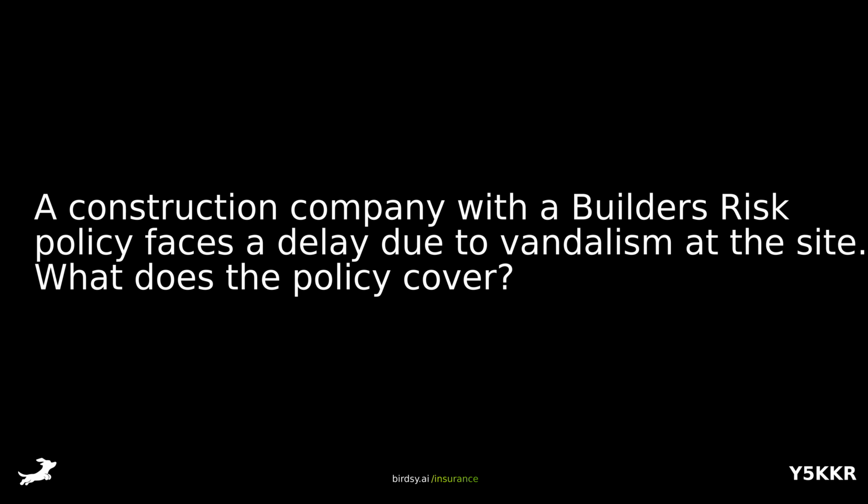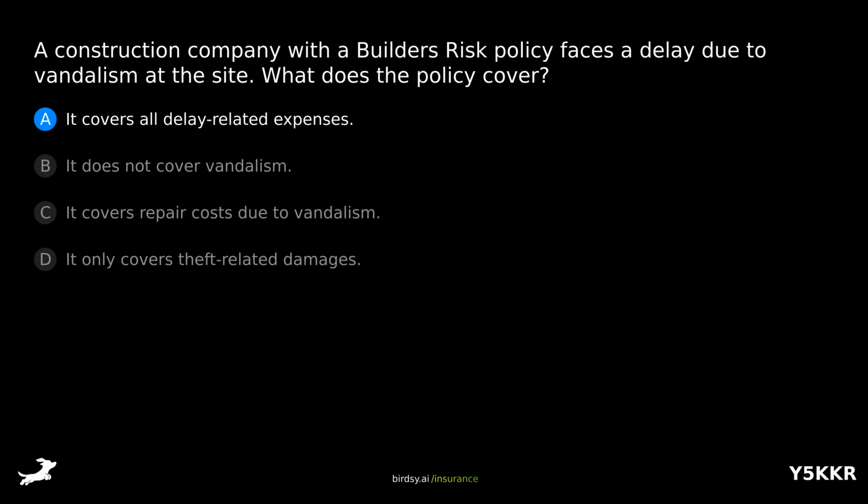A construction company with a builder's risk policy faces a delay due to vandalism at the site. What does the policy cover? Is it A, it covers all delay-related expenses? B, it does not cover vandalism? C, it covers repair costs due to vandalism? Or D, it only covers theft-related damages?